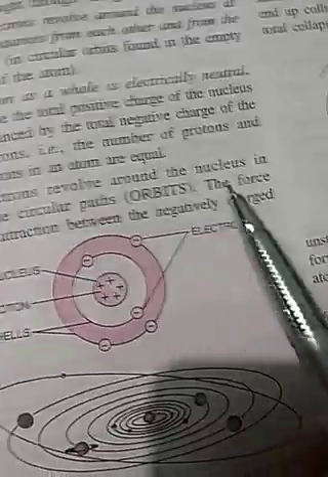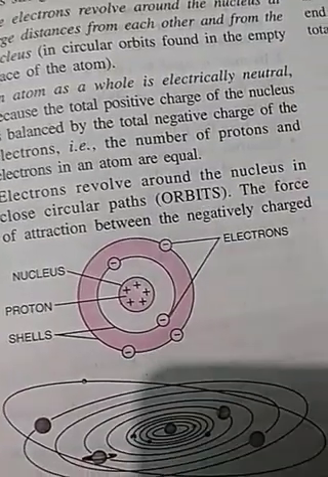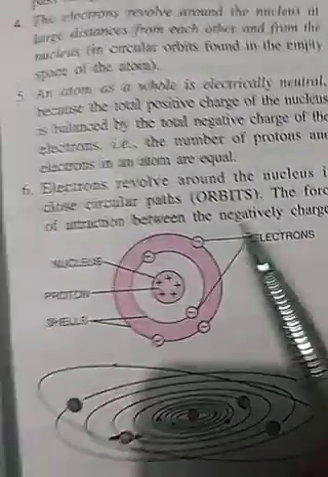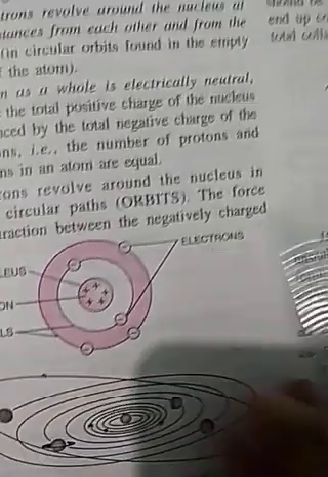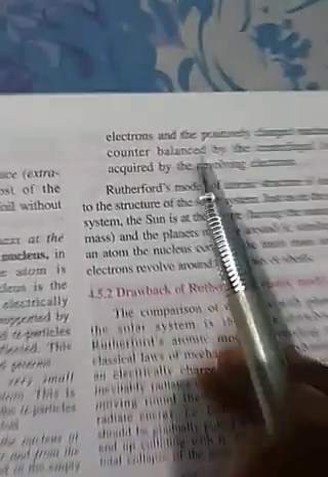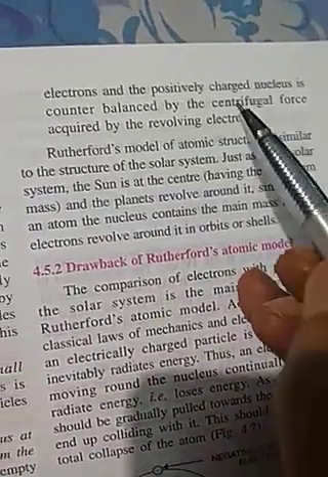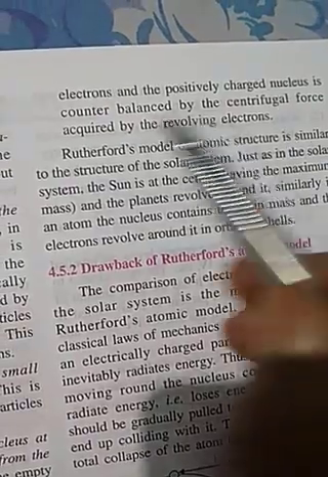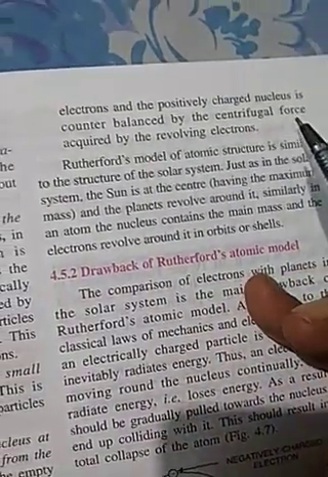Electrons revolve around the nucleus on a circular path known as an orbit. The force of attraction between the negatively charged electrons and the positively charged protons in the nucleus is counterbalanced by centrifugal force.